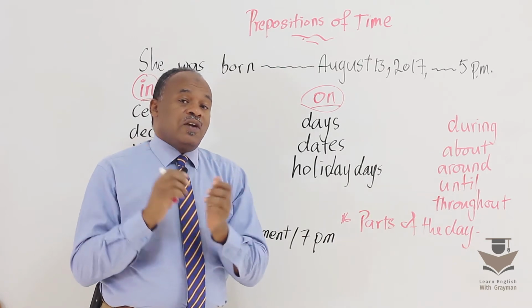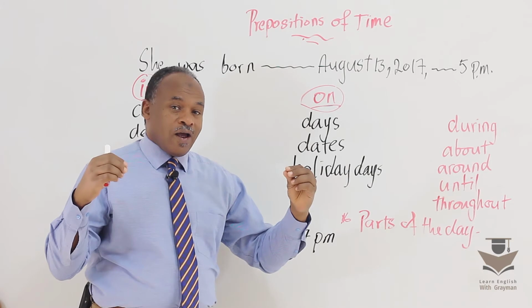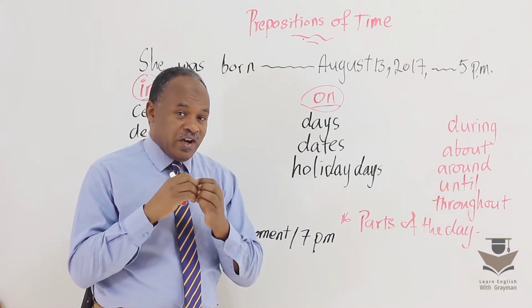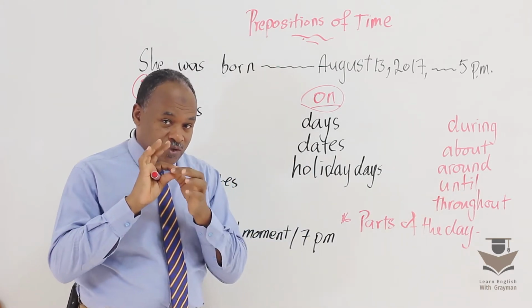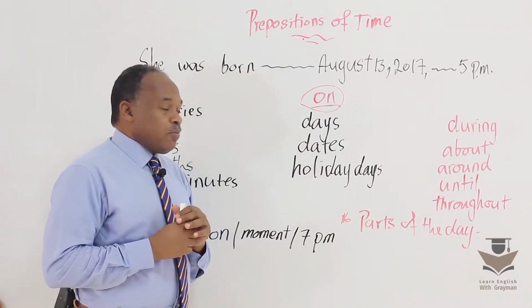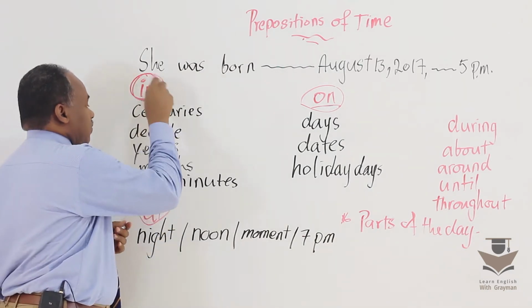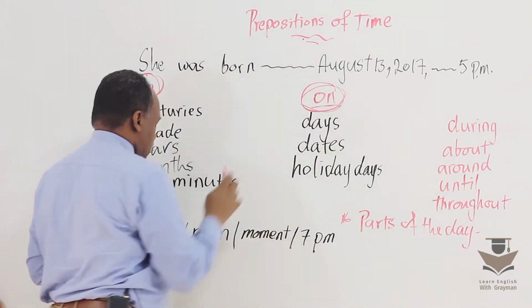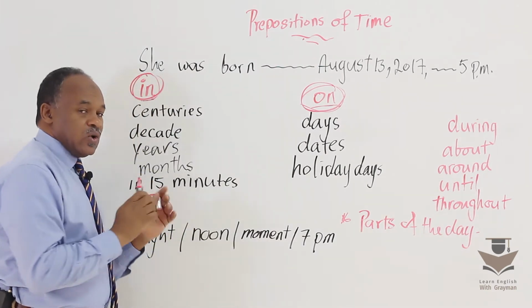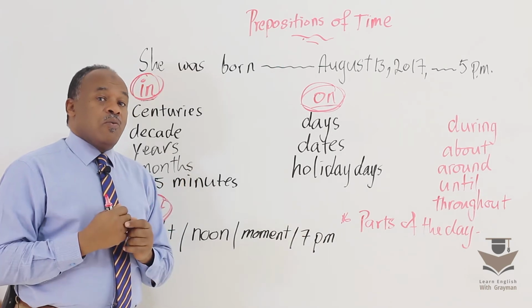If you remove the preposition from the sentences, they will be disconnected. In order to glue them, to connect them, you need the preposition. The most common prepositions are in, on, and at. I'm going to look at these three, and I'll show you how to use them properly.